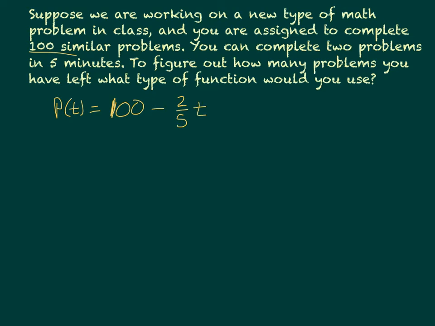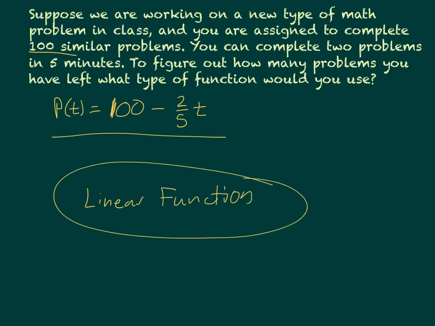Okay, so what we actually have is a linear equation because there's no square, there's no square root, there's no fraction with the variable in the denominator or anything like that. So this is actually just a linear function. And that would be your final answer.